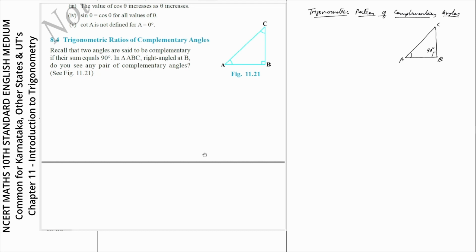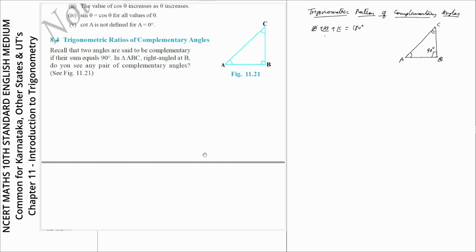Now what is the relation between angle A and angle C? They are complementary angles. That means angle A plus angle C is 90 degrees. How? Now the sum of all the angles is equal to 180 degrees, right? So angle A plus angle B plus angle C is equal to 180 degrees.